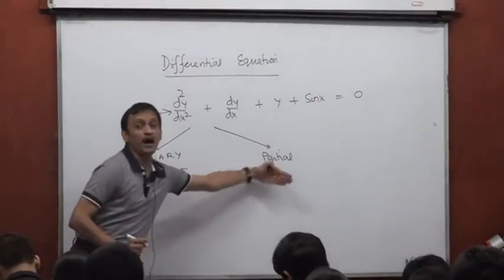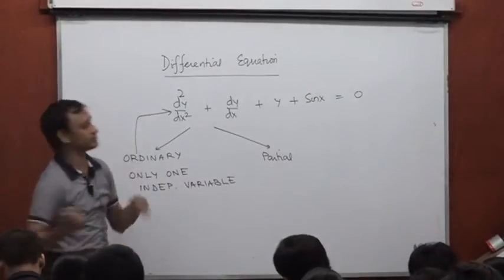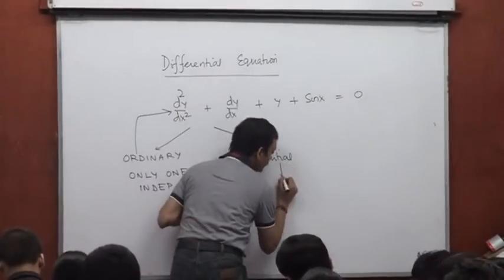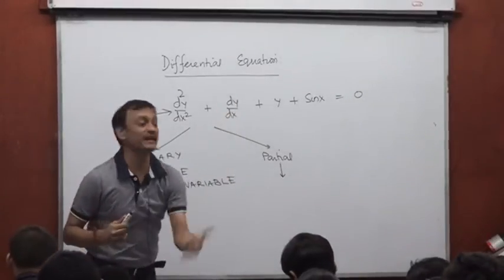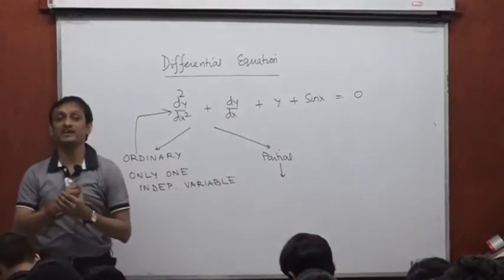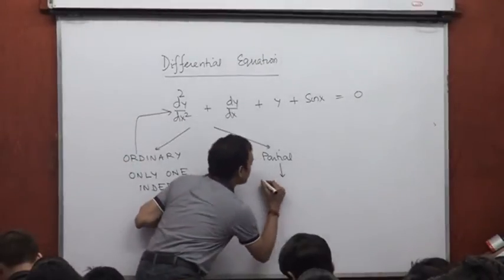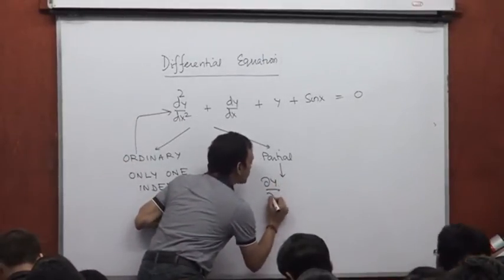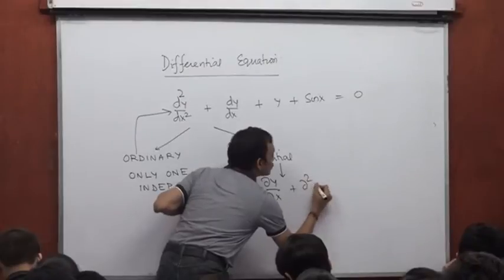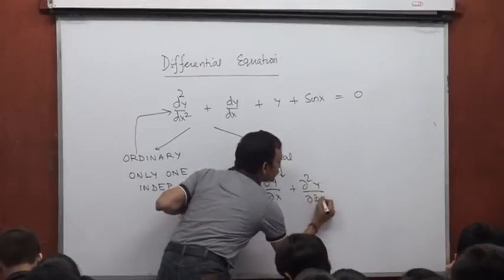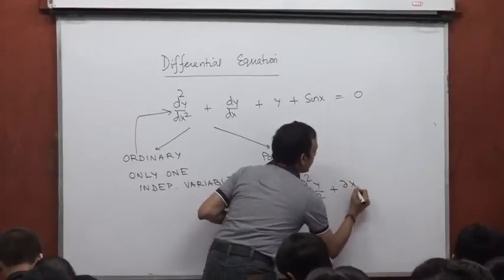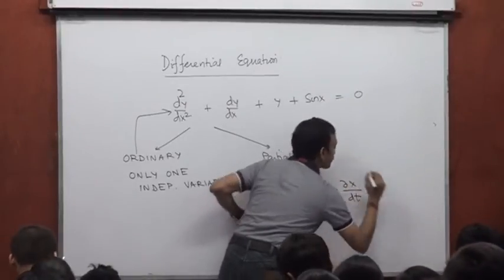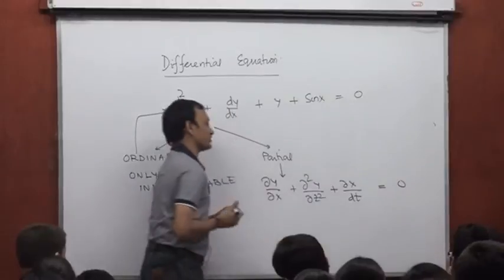And then we have a partial differential equation, PDEs, in which there are two or more independent variables. For example, I have dou y dou x plus dou 2y dou z2 plus dou x dou t equal to 0, for example.